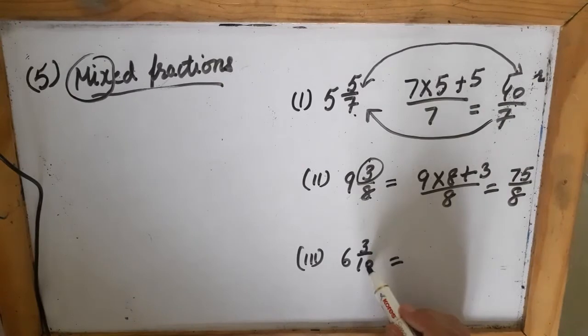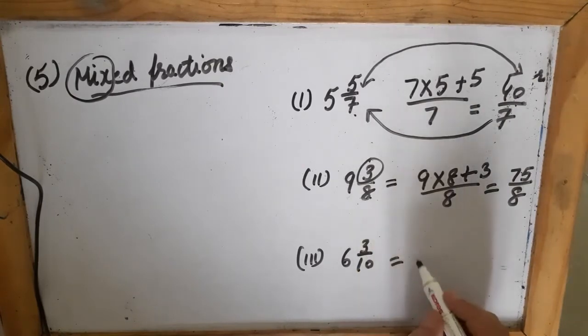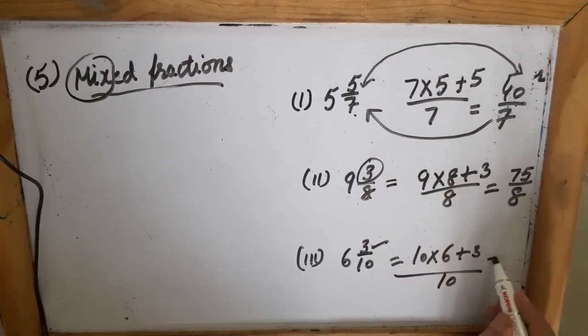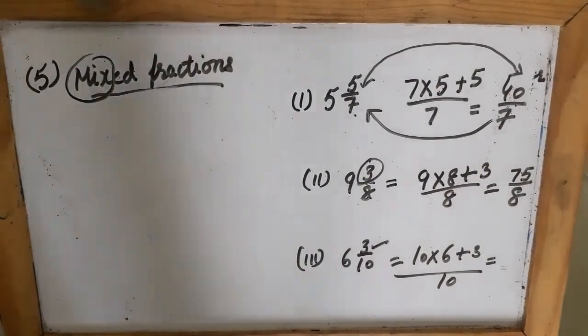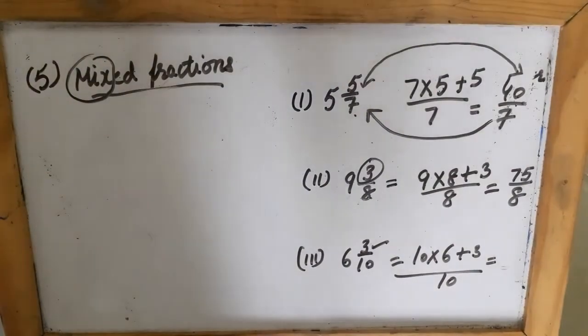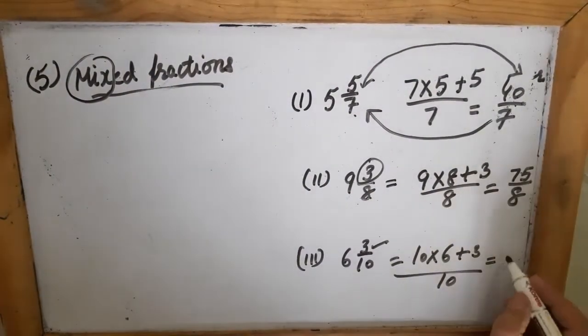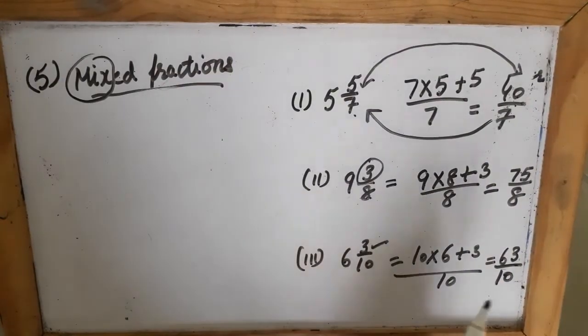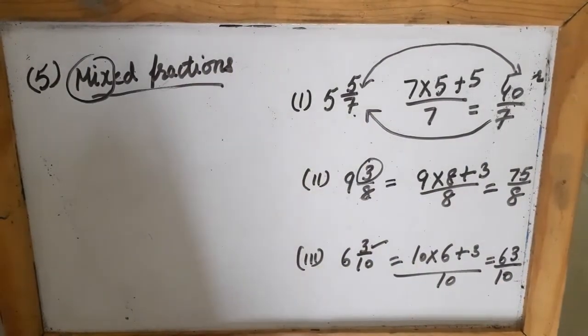Now the next one, I will multiply these two. 10 multiplied by 6, and this 3 I will add, and the denominator will remain the same. So 10 6s are 60 plus 3 is 63 upon 10. This is how we convert mixed fractions into improper fractions.